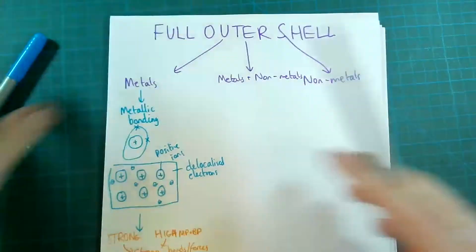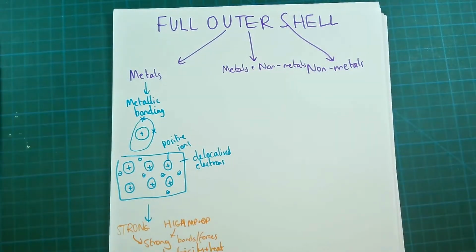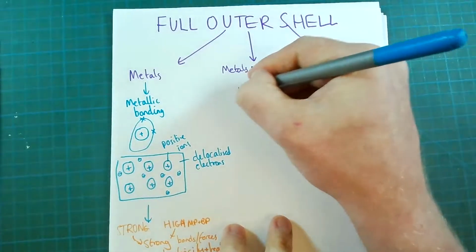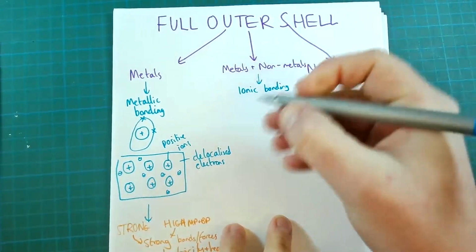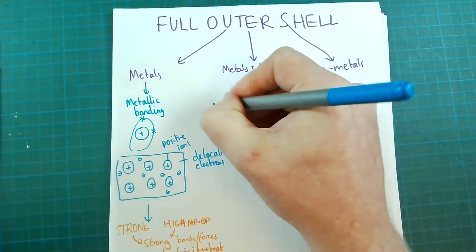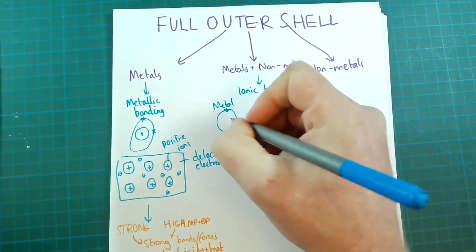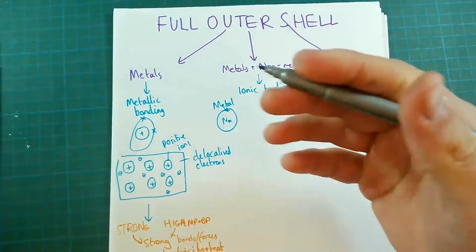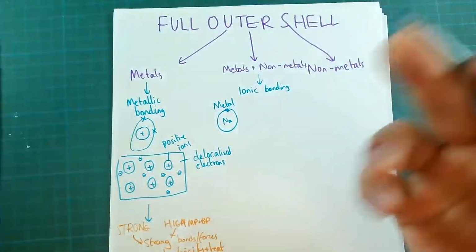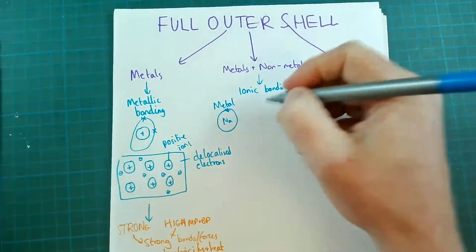Then we can come to metals and non-metals, and they do the beauty that is ionic bonding. In ionic bonding, we've got a metal that has too many electrons. Let's say that's sodium. It's got 1 on the outer shell. If I want to get a full outer shell, that's the key of the whole idea, it's easier to lose that 1 rather than gain 7.